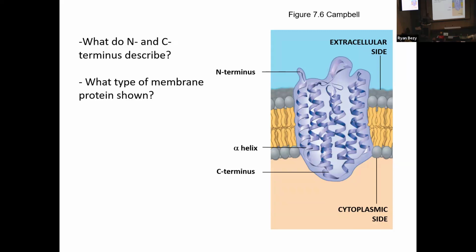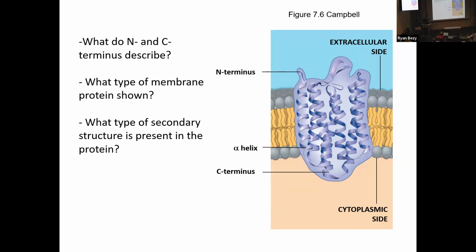What type of protein is being shown here? Integral membrane protein or peripheral membrane protein? Integral, because it's going through the membrane in my diagram here. What type of secondary structure is being shown in my protein here? Yeah, alpha helices. Remember, secondary structure describes what part of the protein forms up into an alpha helix or what part of the protein folds up into a beta sheet or a beta pleated sheet.